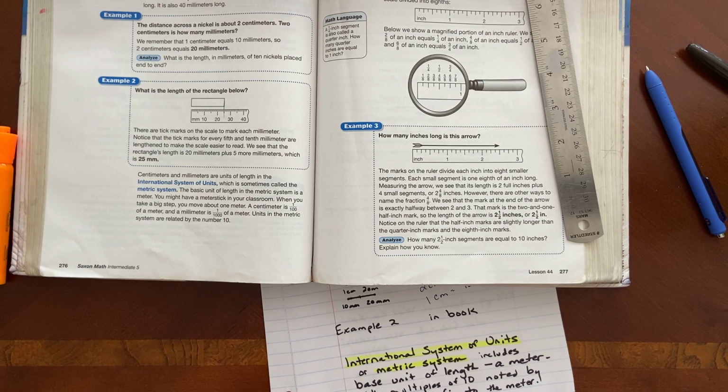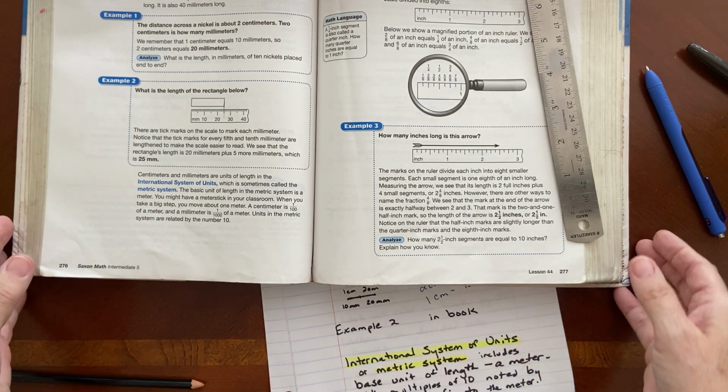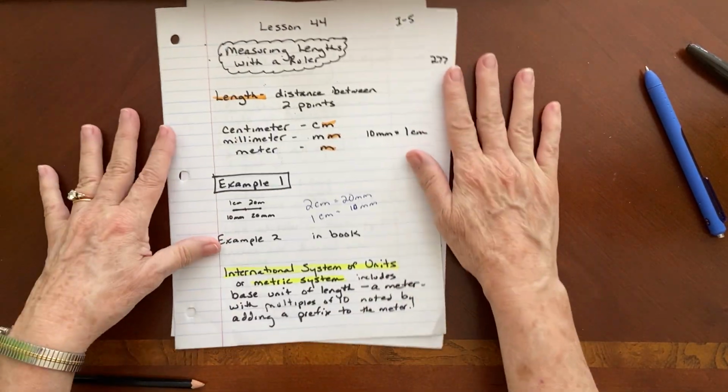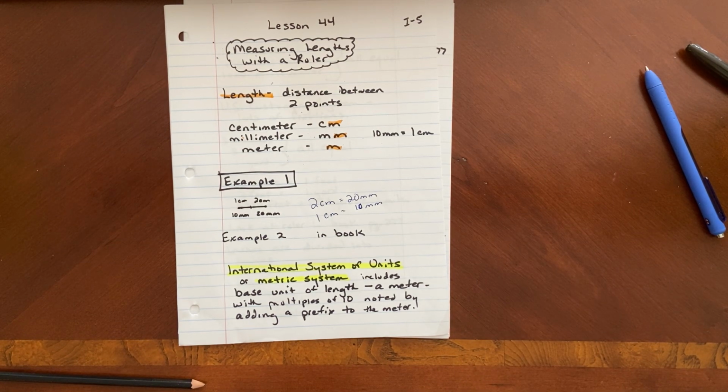So that's the International System of Units, or the metric system. There's a whole lot more to it, but each is a multiple of 10, so it's really handy. It includes a base unit, which most of the time is the meter, and then multiples of 10 denoted by the prefix.